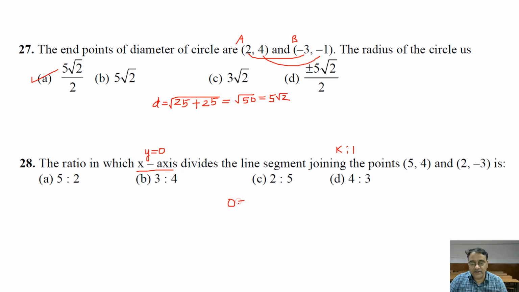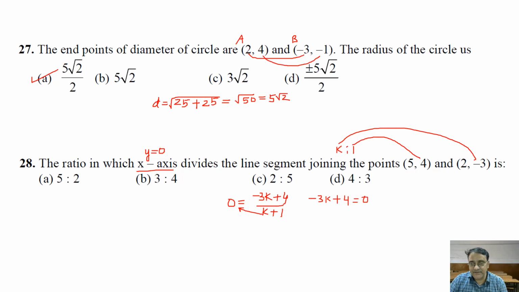So the y coordinate will be m1 y2, that is -3k, plus m2 y1, that is +4, upon k plus 1. So k plus 1 multiplied by 0 will be 0, and what we are going to get is -3k plus 4 is equal to 0.